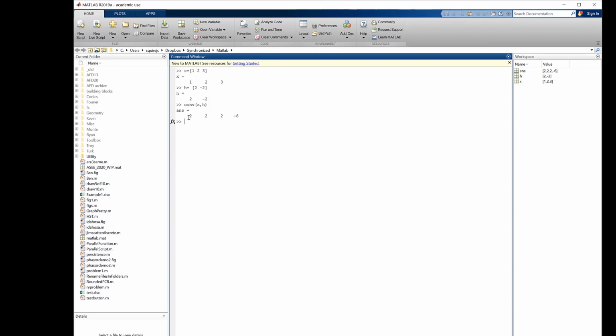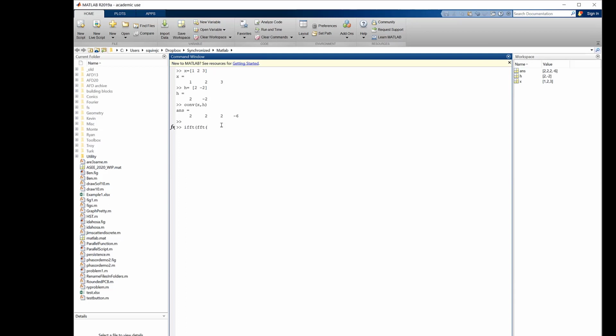That makes sense. This is the sum of the two input lengths minus 1. So now let's see what would happen if we naively took an inverse FFT of the FFT. We can't even take the FFT of x and multiply by the FFT of h because they're different lengths. And that will give us an error.